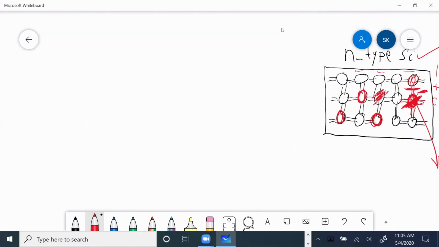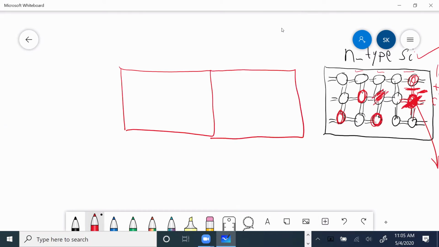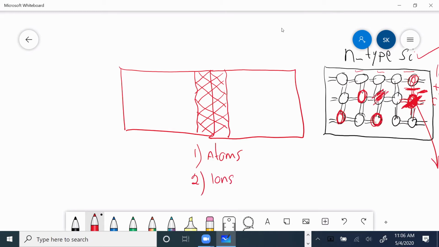So this N-type semiconductor, this P-type semiconductor. So when we say this region is depleted from carriers, at least we can say depleted from carriers. But what is left in there is, 1, atoms, 2, ions. Right. Atoms are neutral.